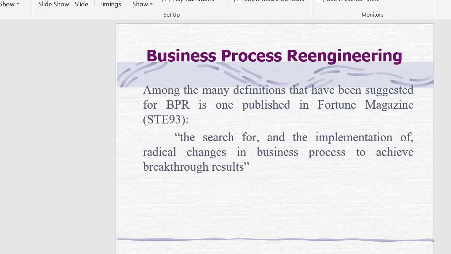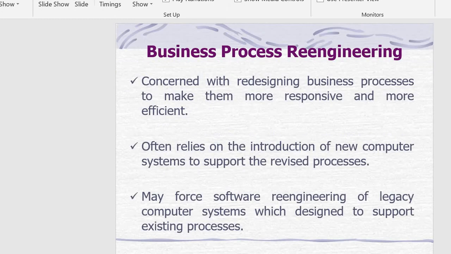Now we'll discuss business process re-engineering. There are a number of definitions related to business process re-engineering, but one definition was widely accepted, published in Fortune magazine in 1993: the search for and implementation of radical changes in business process to achieve breakthrough results.